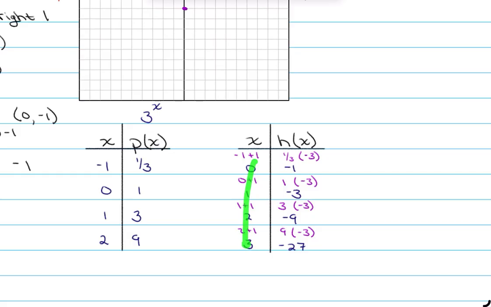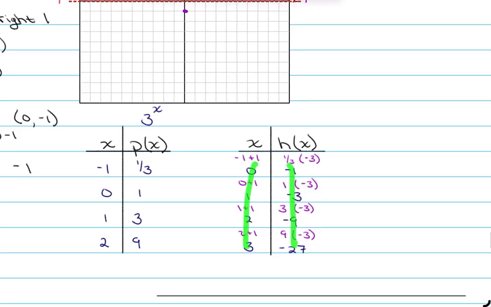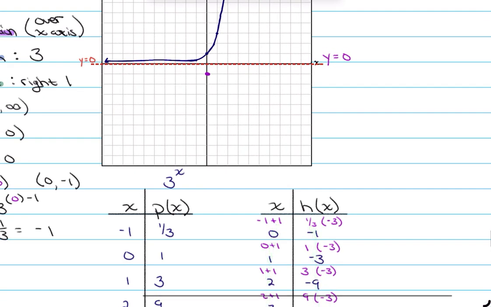So our new points are going to be 0, -1. Our 0, 1, again, it's going to be stretched first. Remember, it's always the stretch first. So we're going to stretch it up 1, 2, 3, but then reflect it. So 1, 2, 3.